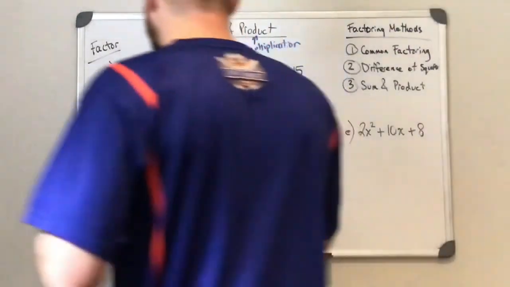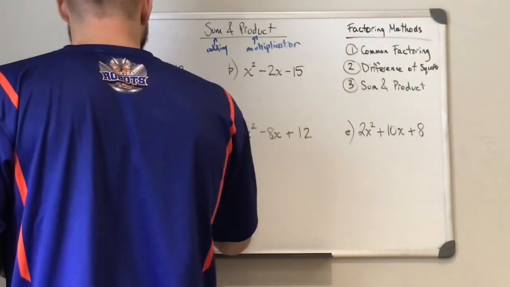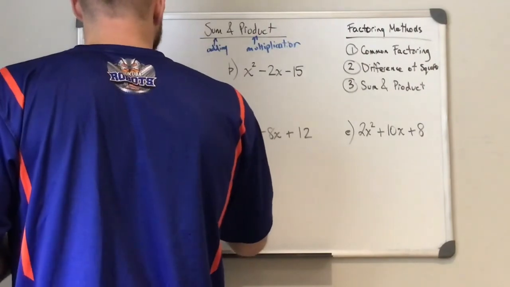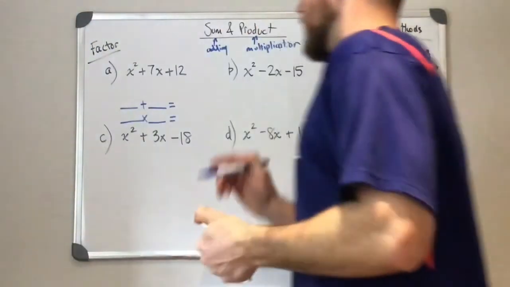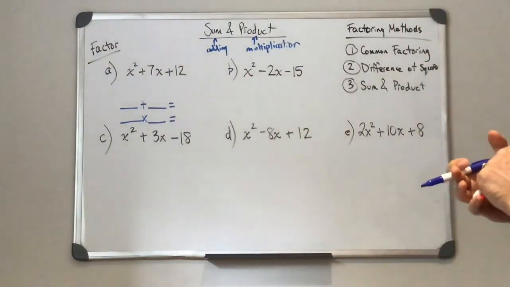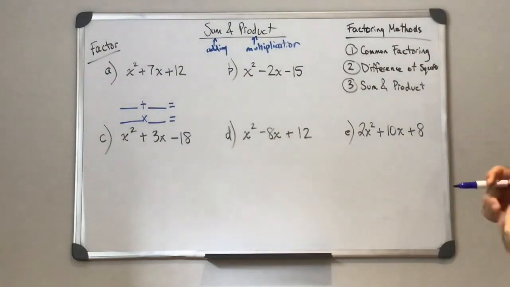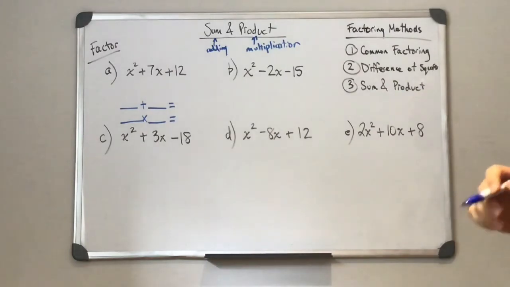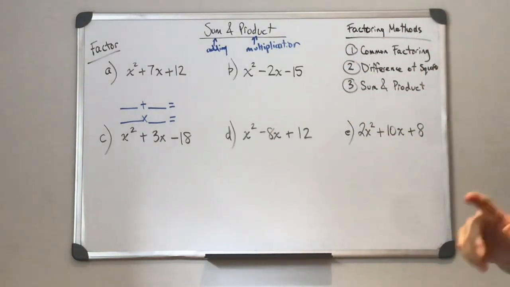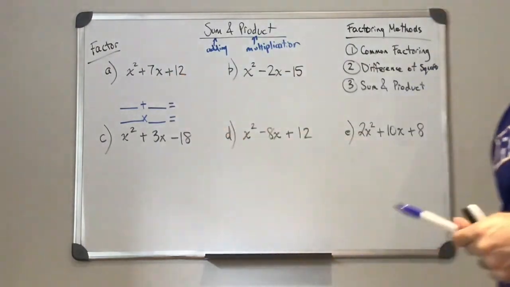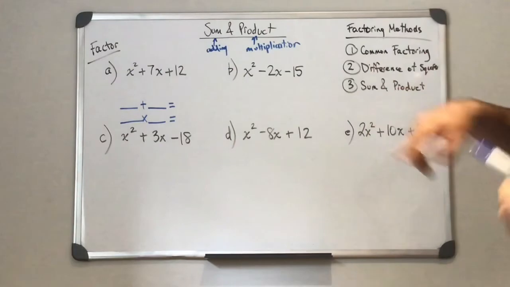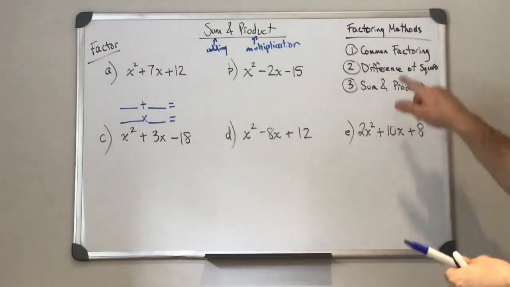So let's take a look at our first one. It says x squared plus 7x plus 12. We're going to be able to use our sum and product factoring method because, first off, there's nothing we can take out of all three terms, so common factoring doesn't apply.